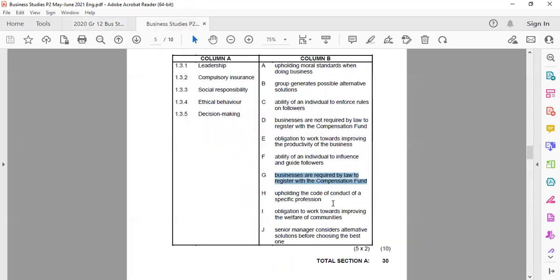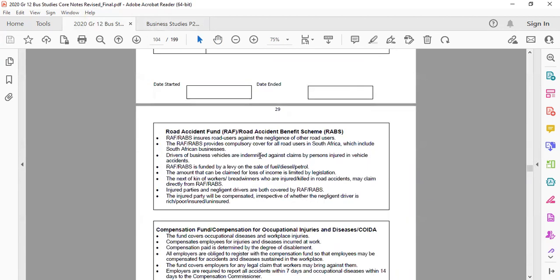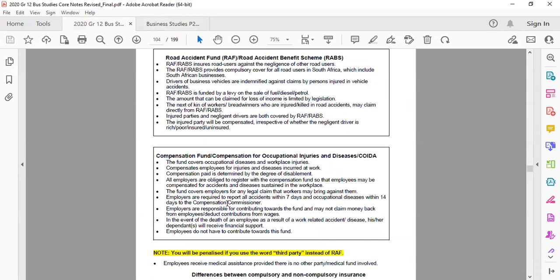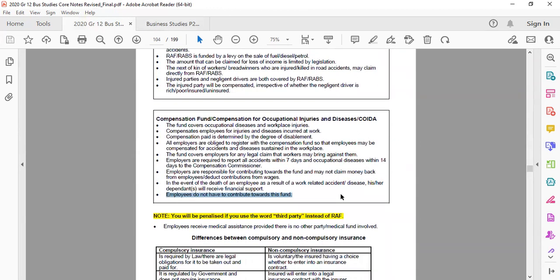You don't really need to understand that it comes from the compensation fund. If they talk about the compensation fund, you should know that it is also part of COIDA. Here's the compensation fund. Employees do not have to contribute towards this fund. But there is always a compensation that you need to pay. Okay, cool.